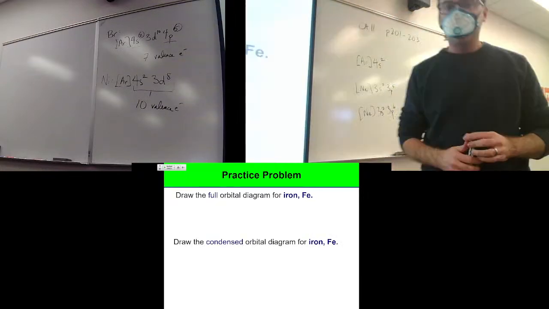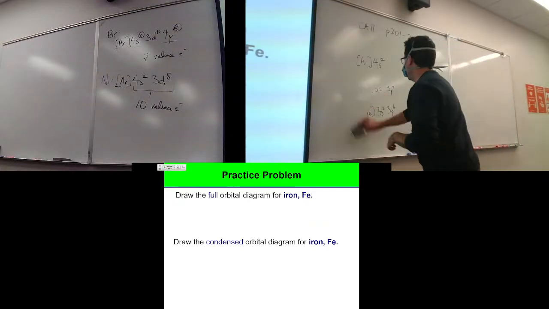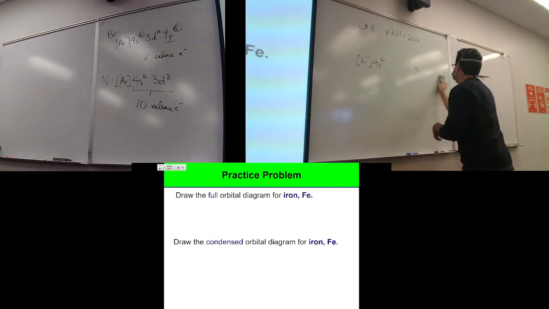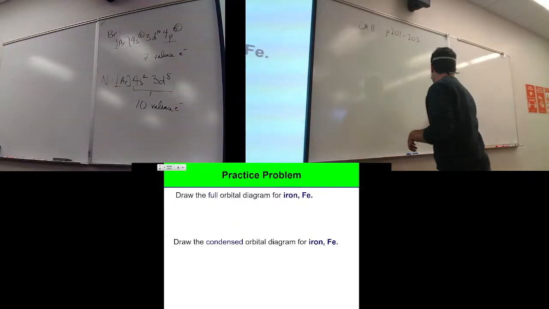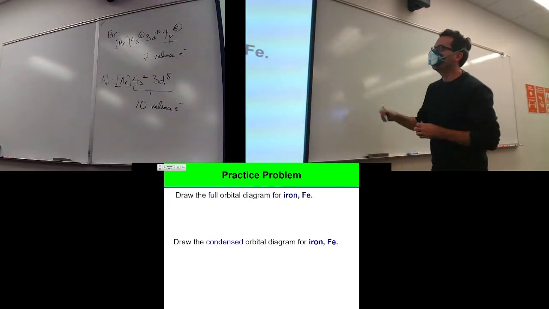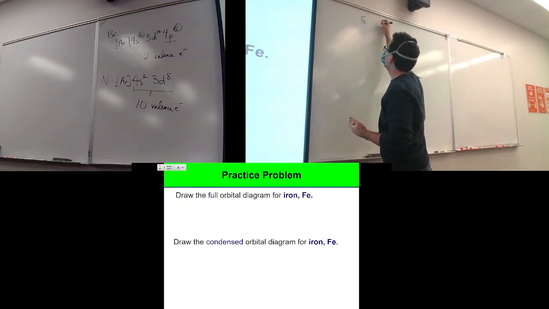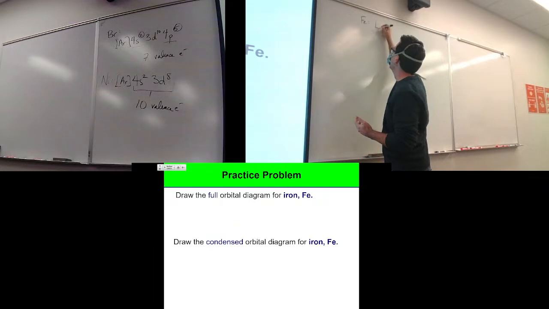So diagrams, hopefully this isn't too tasking, but an orbital diagram for iron. An easy way to start this is to start with the electron configuration. So for iron, the electron configuration is argon.